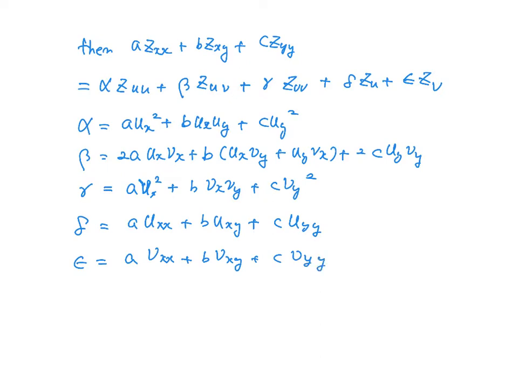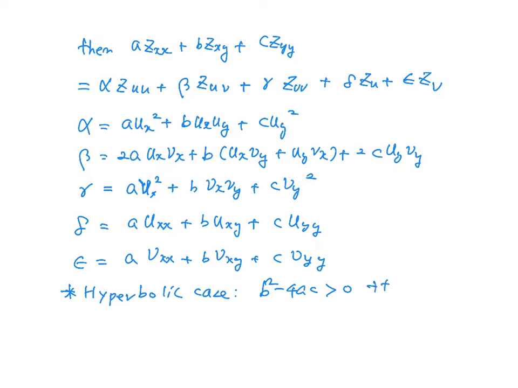Then let's try to find out the hyperbolic case. So let's start with the second order equation where b squared minus 4ac is greater than 0.